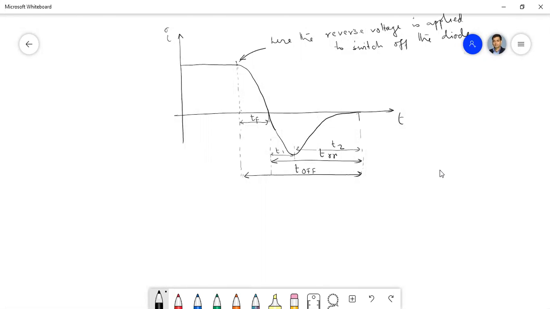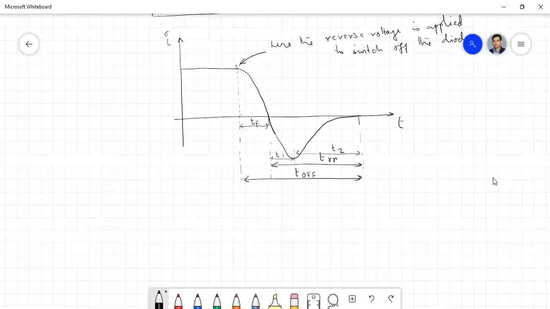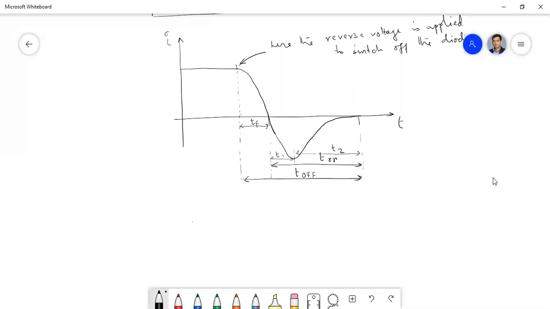Now I would discuss like this. Suppose there is an inductor. Whenever a forward current is flowing like this, what will be the voltage drop?